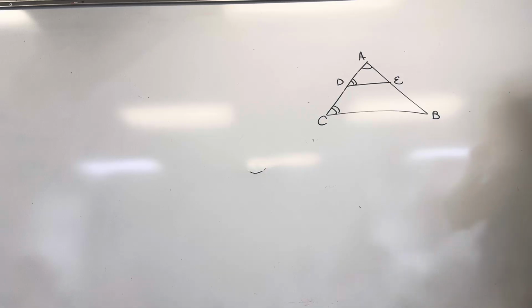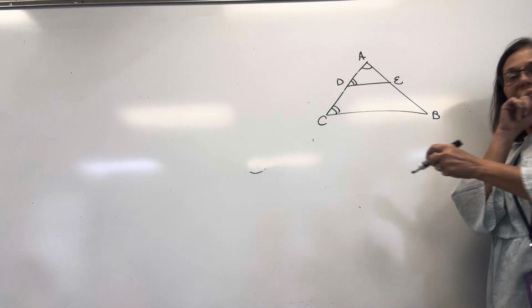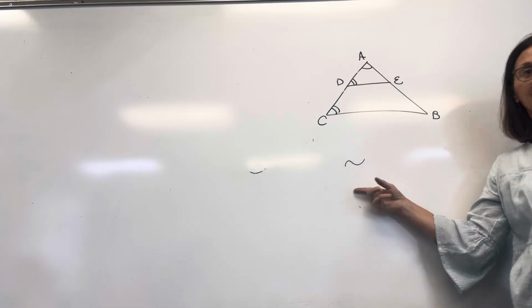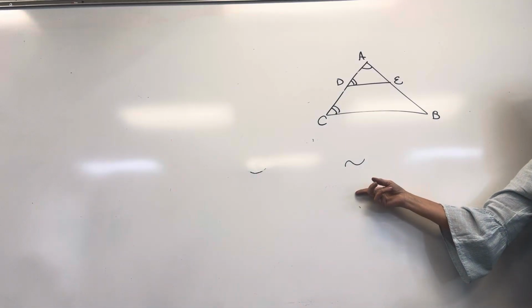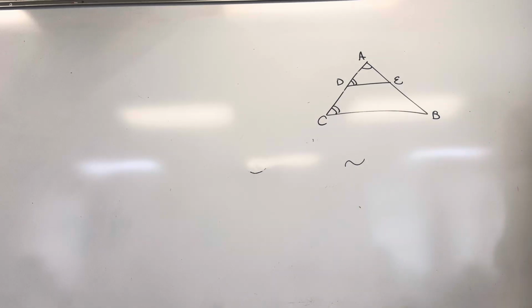Y'all remember the symbol for similar? Squiggly line. It's called a tilde. All right. So, what are my similar triangles?